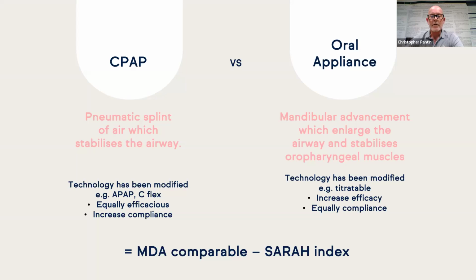So people wear their splint longer, even though it may not control parameters such as AHI as well, but they wear it for a longer time, so they're treated longer. Whereas CPAP, they tend to wear it for a shorter time, and in fact, in CPAP, 4 hours compliance is considered compliant, but it's more efficacious. So it's more efficacious, but for a shorter time, and the net result is they have a comparable MDA.